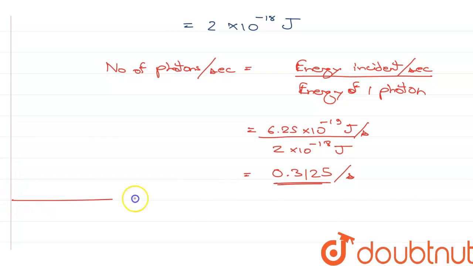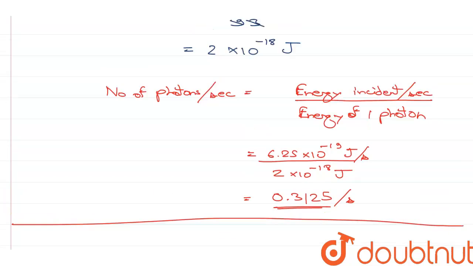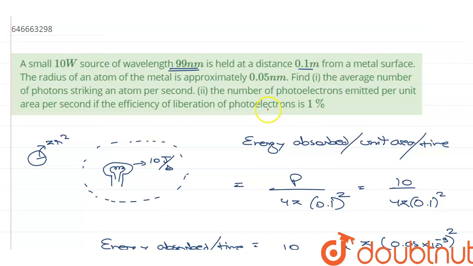Now, the second part of the question says that the number of photoelectrons emitted per unit area per second if the efficiency of liberation of photoelectrons is 1%. So number of photoelectrons emitted per unit area per second.